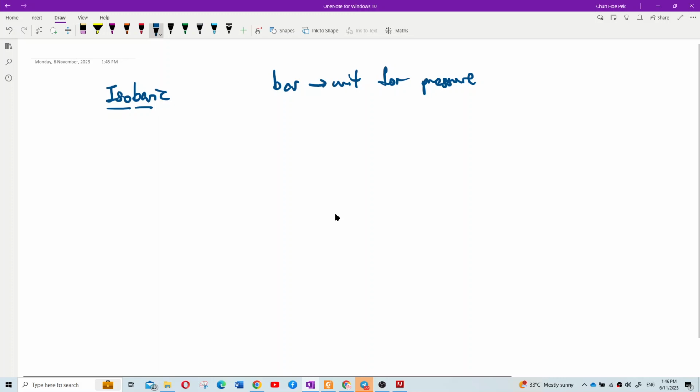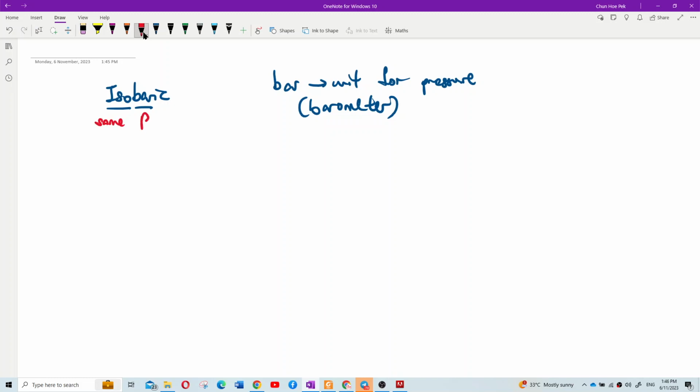Remember the barometer? Barometer is an instrument to measure the pressure. So bar is pressure. Iso means what? Same pressure. Yeah? Same pressure.